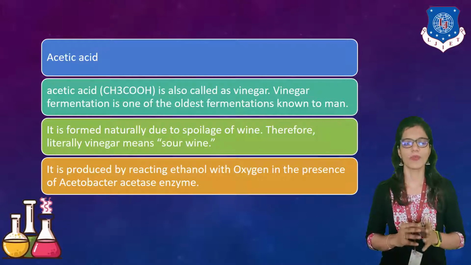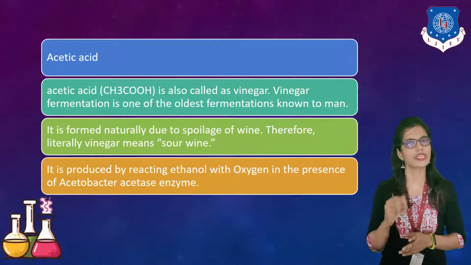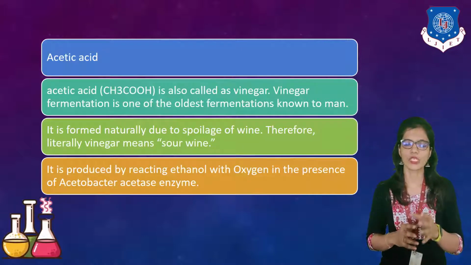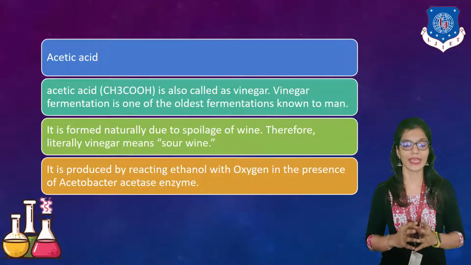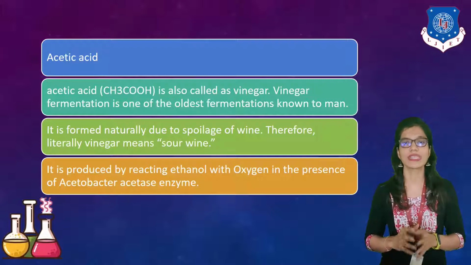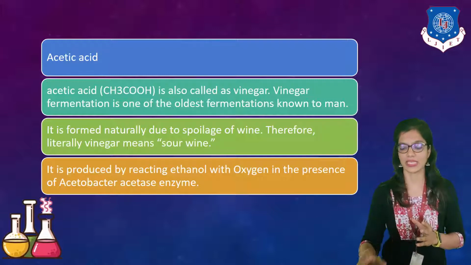It is formed naturally due to spoilage of wine. Literally, vinegar means sour wine because it is formed through souring of wine. Generally, it is produced by reacting ethanol with oxygen in the presence of the Acetobacter aceti enzyme. The enzyme responsible is Acetobacter aceti.